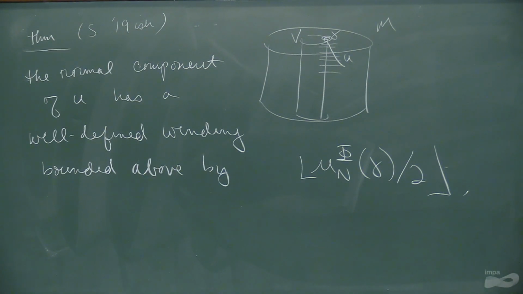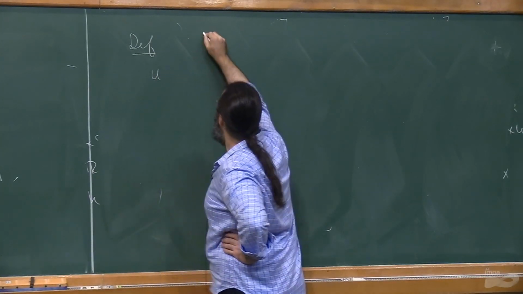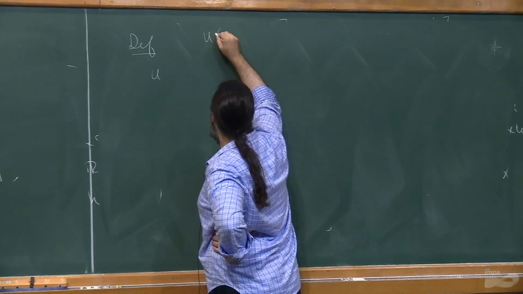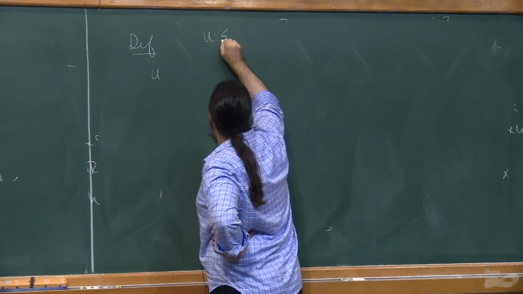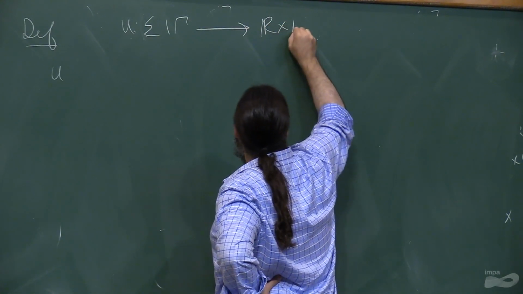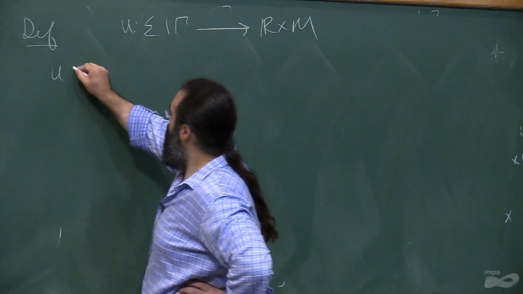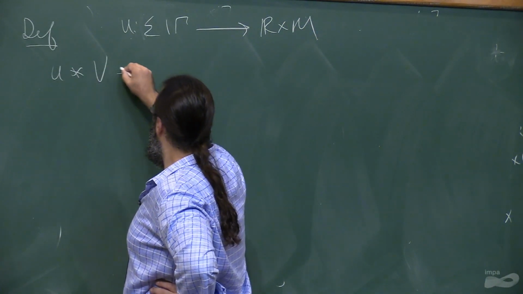So given this, though, I make a definition, which is that if I've got now a punctured curve, there I was just considering a half cylinder, but let's consider one of these punctured curves. I want to define a product that looks like this.